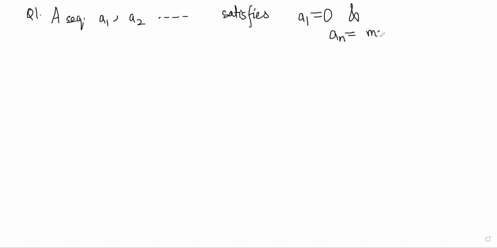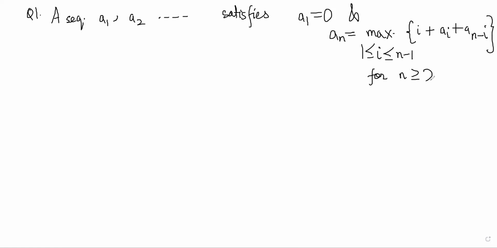So the first question is this: a sequence A1, A2, and so on satisfies A1 equal to 0 and A_n is equal to the max over 1 less than or equal to i less than or equal to n minus 1 of i plus A_i plus A_(n minus i), for n greater than or equal to 2. Find A of 200.